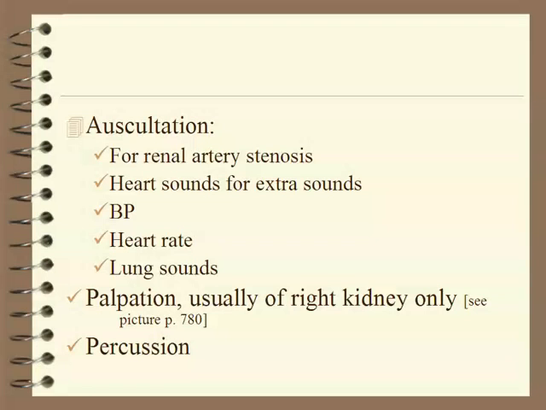Percussion, you do with the heel of your hand or a fist, so that you hear a thud when it hits the area. And you're checking to see also if that elicits pain in your patient, maybe if they've had trauma there, or if they have a urinary tract infection. And you want to check for ascites, again, for fluid volume overload.